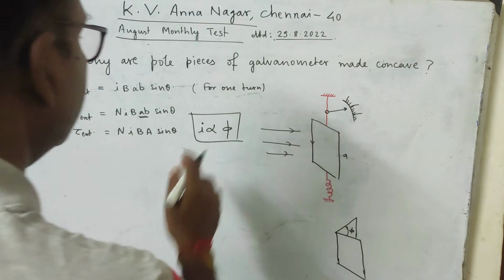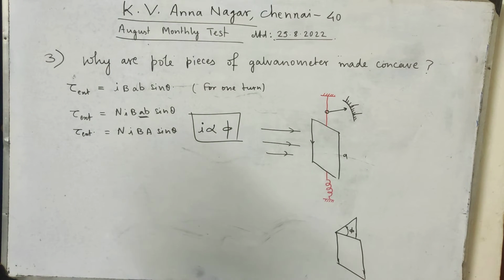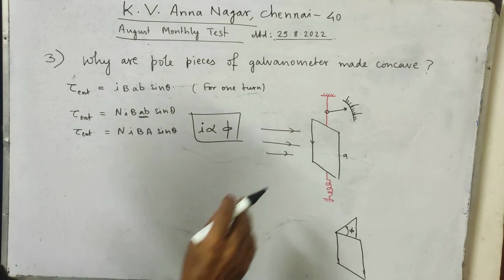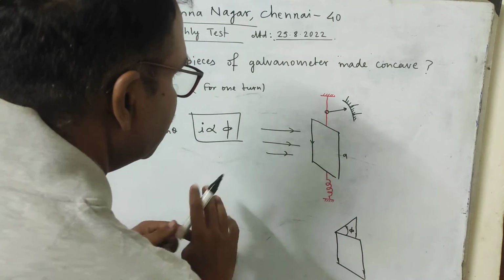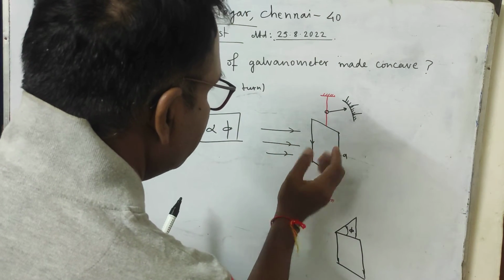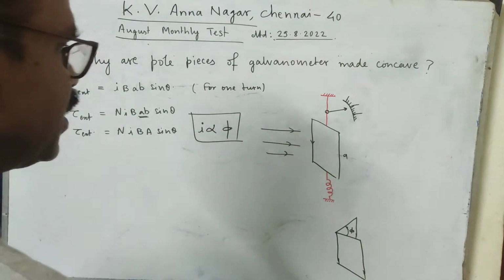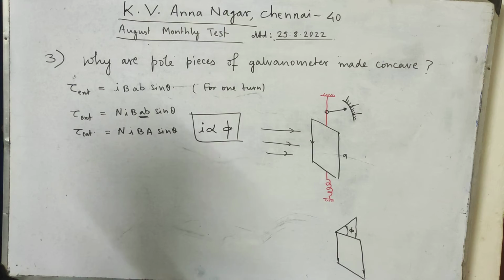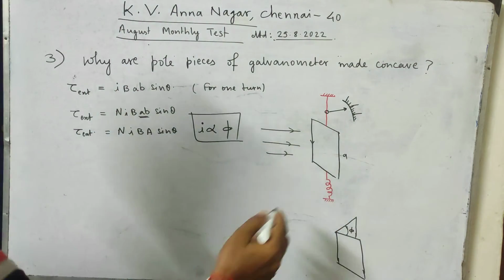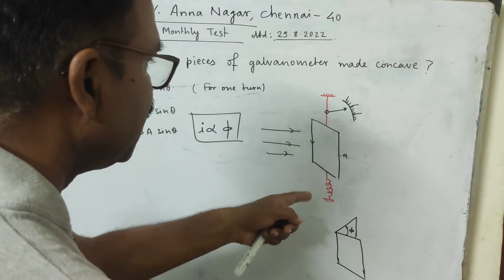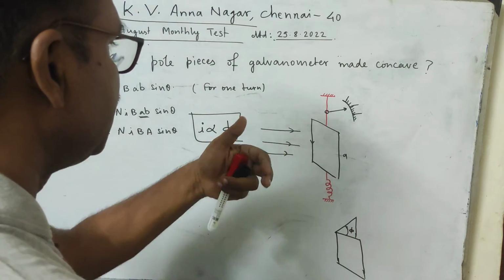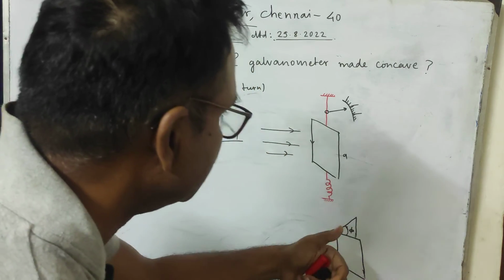Due to the torque it will be twisting. When it twists, the spring also gets twisted in the opposite direction, so energy will be stored in it. Due to that energy, it will develop a restoring torque. It will try to bring it to the zero position.